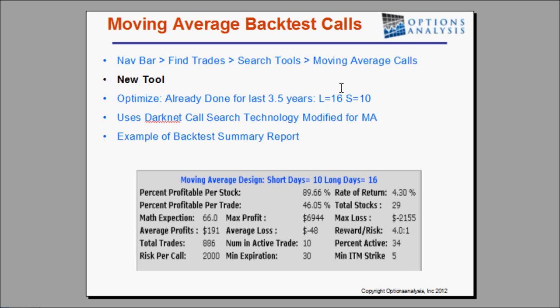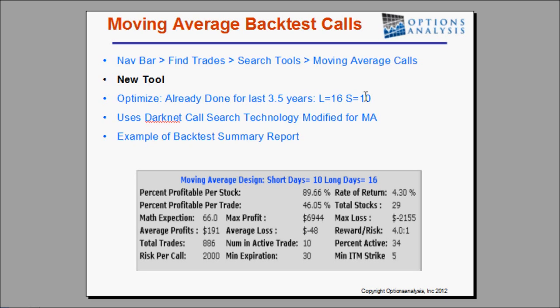Moving averages for the Dow Jones 30 does pretty good. 90% of the stocks are profitable over the 3.5 years it was backtested over. Each trade is about 46% profitable. There's a lot of seesawing back and forth in many of these trades, and every once in a while you catch a good trend, and this is where the backtest performs very well.